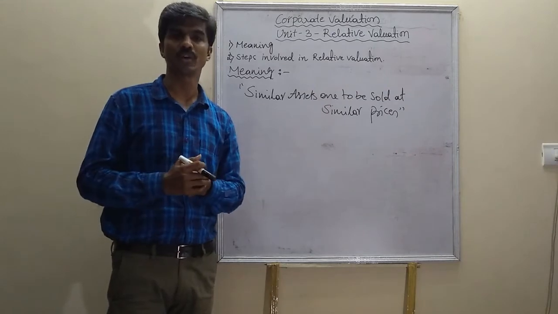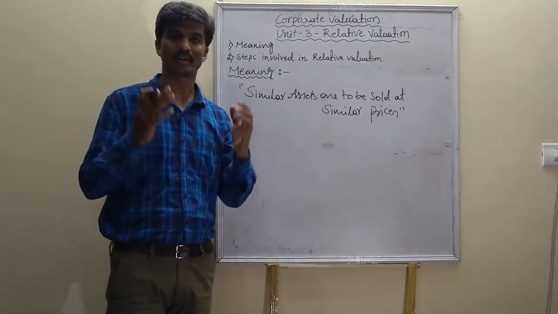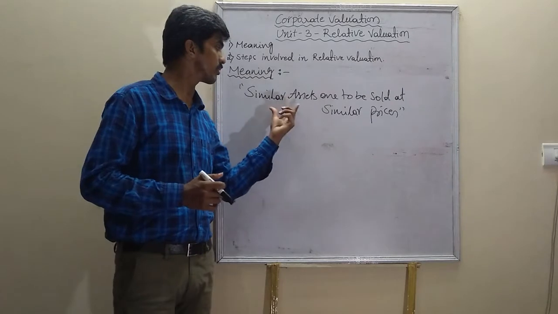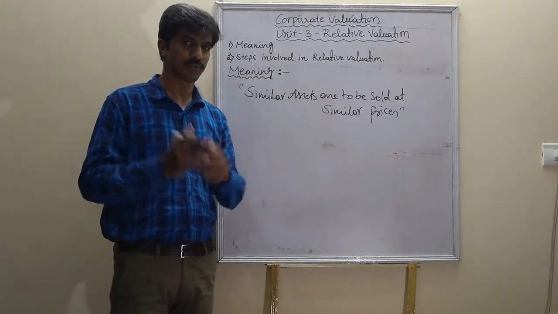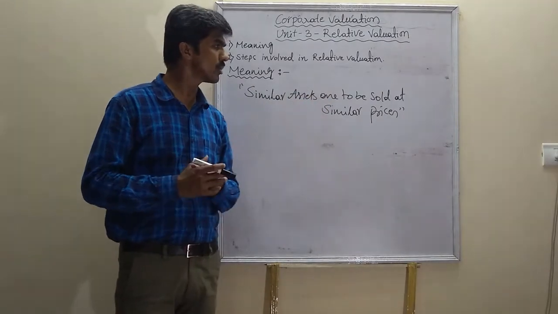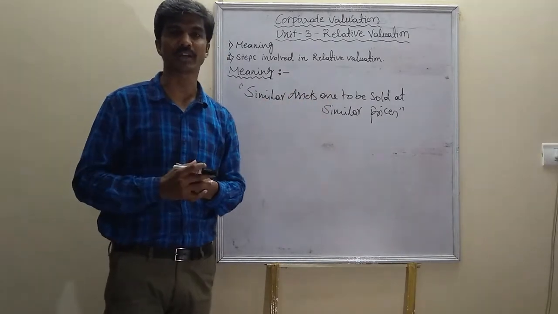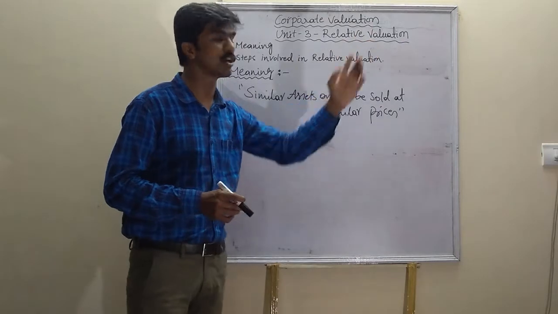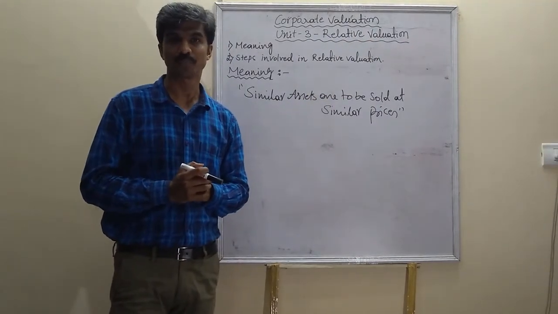Then nobody can achieve good market standing. For that, we need to have the concept of similar assets to be sold at similar prices in the market. That is what relative valuation means.